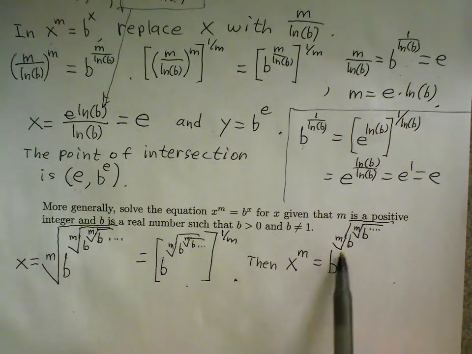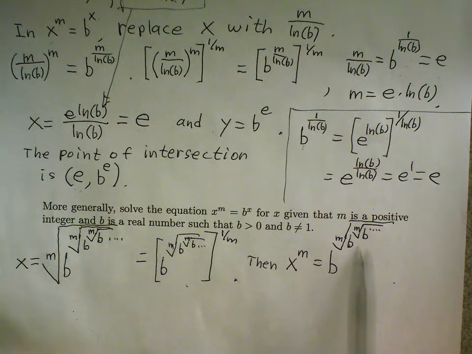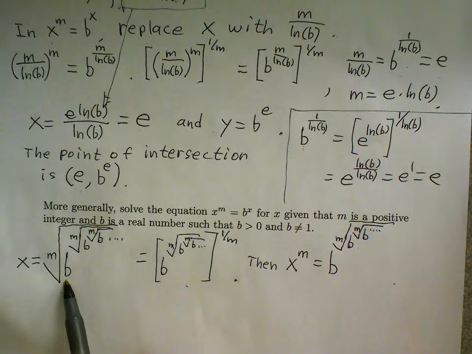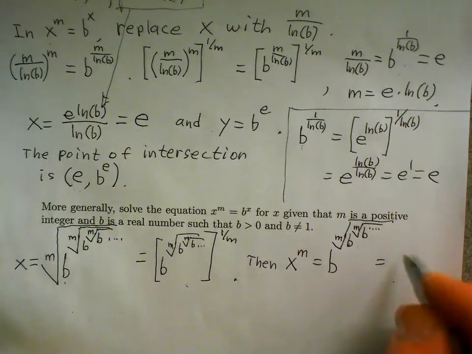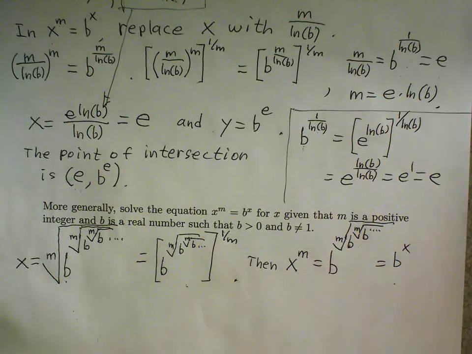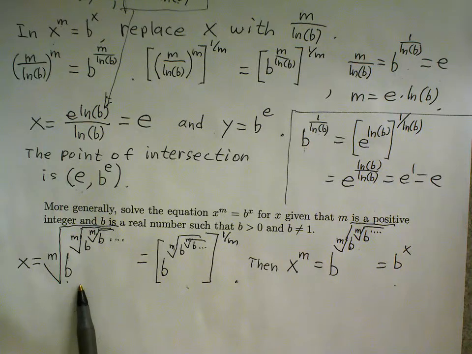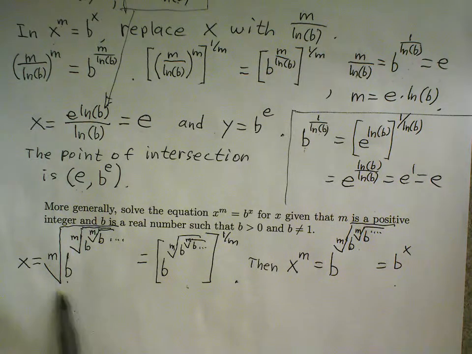But notice that the exponent is just what x is. So x to the m is equal to b to the x, where x is this weird-looking expression. An infinite, I don't know what a name for this is.